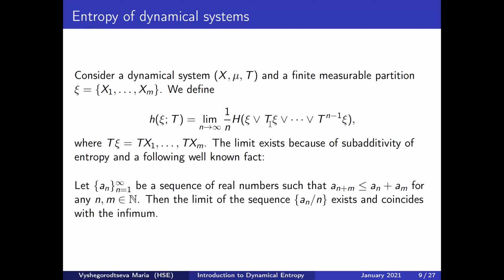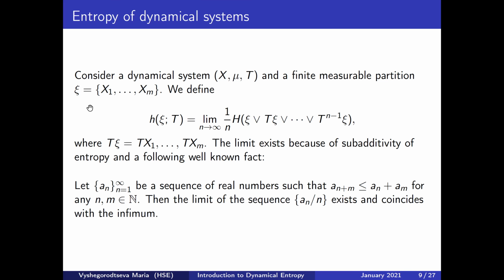So as I understand, this follows that we take a partition xi, right, and look at its entropy, and then we would like to take the average of entropy for xi and each of its images.